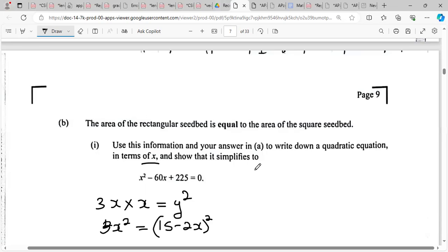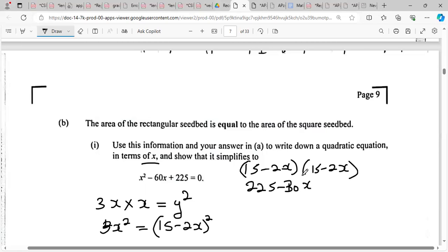Alright, next we have to expand the bracket here because that looks like some stress. So we multiply this by itself, 15 minus 2x. Alright, so 15 times 15, 225. 15 times negative 2x, that's negative 30x.